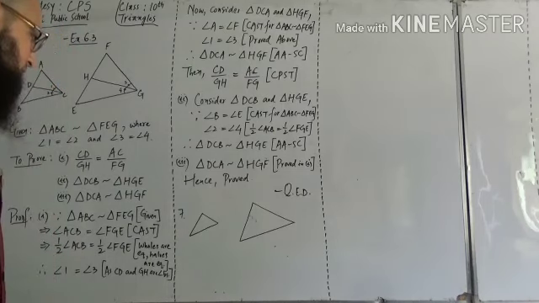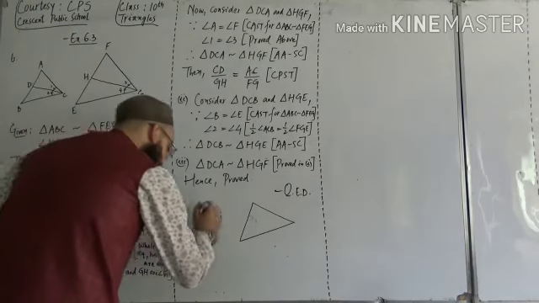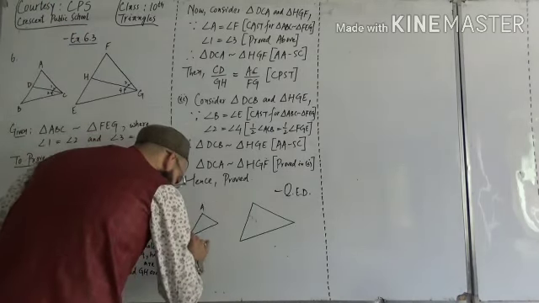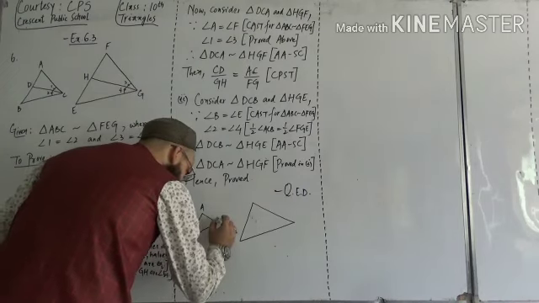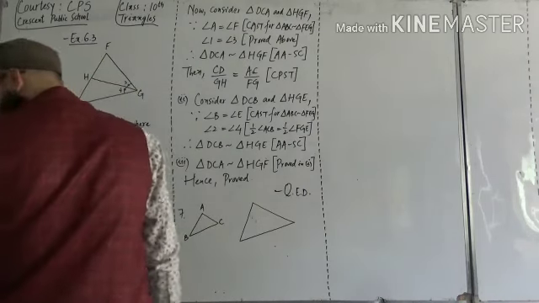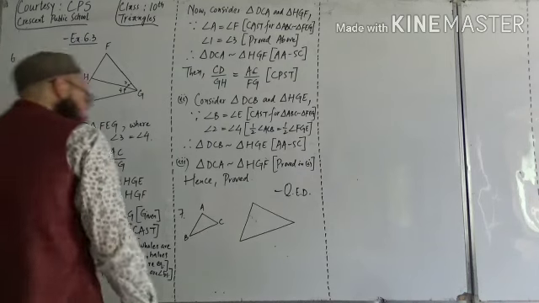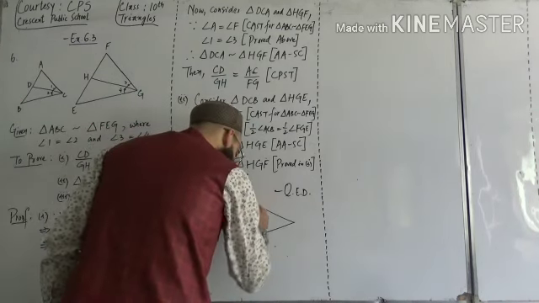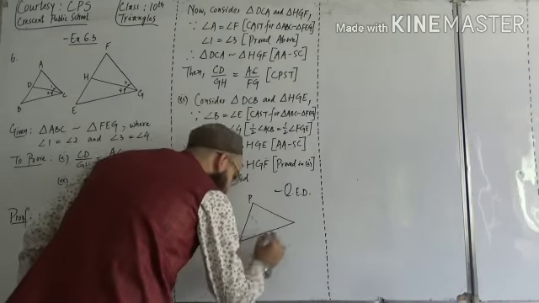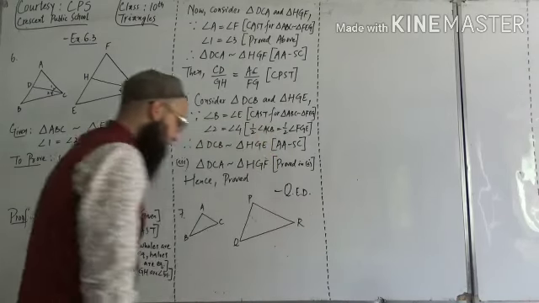Let us say these are the two triangles, ABC and PQR.